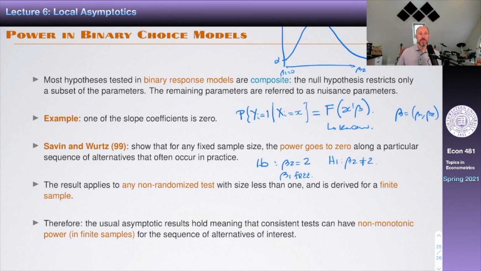Having said all this, and as I said at the beginning, local power functions are dominant in theoretical analysis, comparisons of tests, and so on.